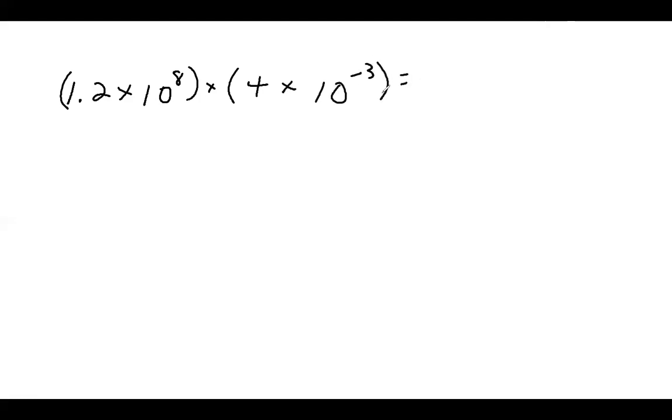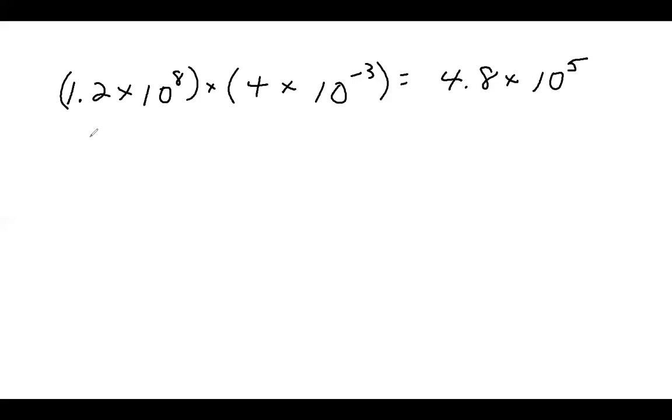We just have to remember how to handle exponents. So we can go ahead and multiply our numbers. 1.2 times 4 is 4.8 times 10. And then to multiply powers of 10, we add the exponents. So we have 8 plus negative 3, which is 5. So our answer is 4.8 times 10 to the 5th.